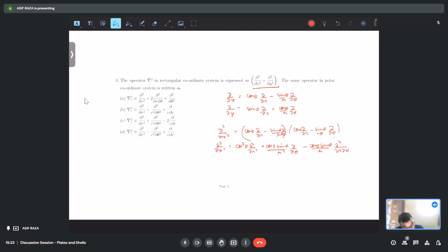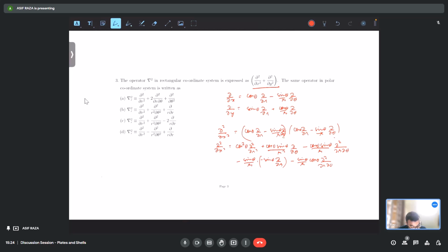Okay, now this one, in this term minus sin theta by r, it operates first on cos theta, will get minus sin theta ∂/∂r. Okay, and then when it operates on r will get cos theta ∂²/∂r∂θ, right?